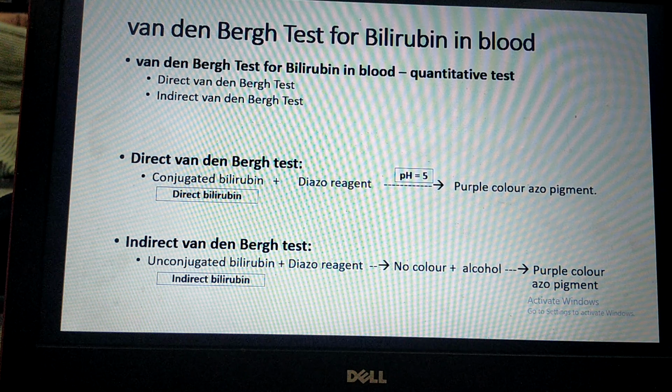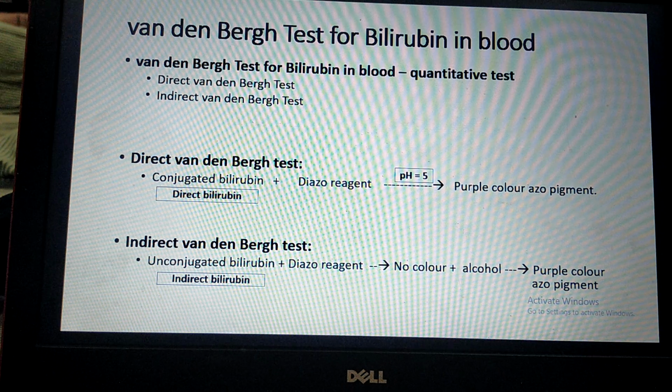Therefore conjugated bilirubin is called direct bilirubin, whereas unconjugated bilirubin will give purple color azo pigment after addition of alcohol, not after addition of diazo reagent. Hence it is called indirect bilirubin.